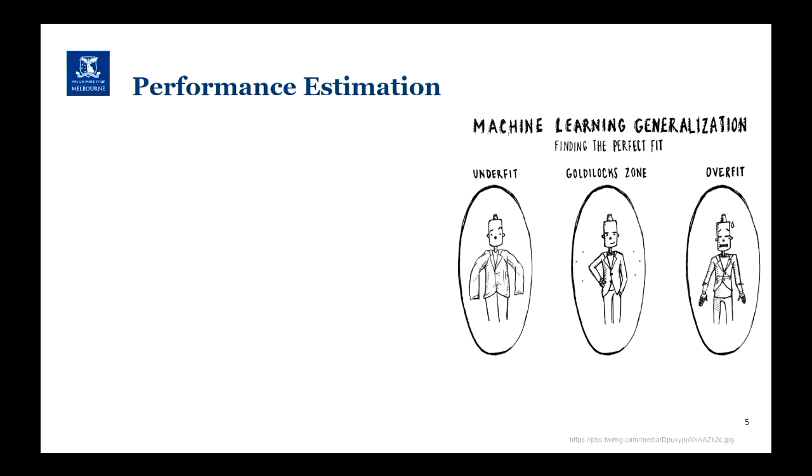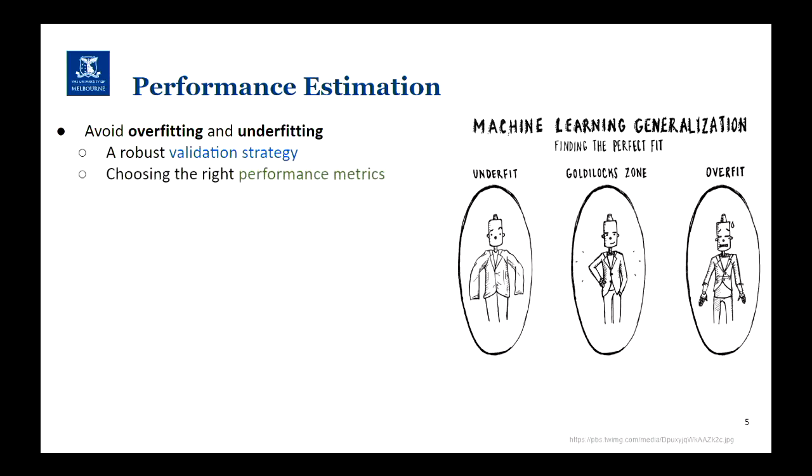So in performance estimation, what we want to do is avoid overfitting and underfitting. Underfitting is when your model is not flexible enough to account for the whole variability of the data. Overfitting is being too strict to the data you have, so it's just memorizing it. And for that, we need a very robust validation strategy. This has to do with choosing the right performance metrics as well.